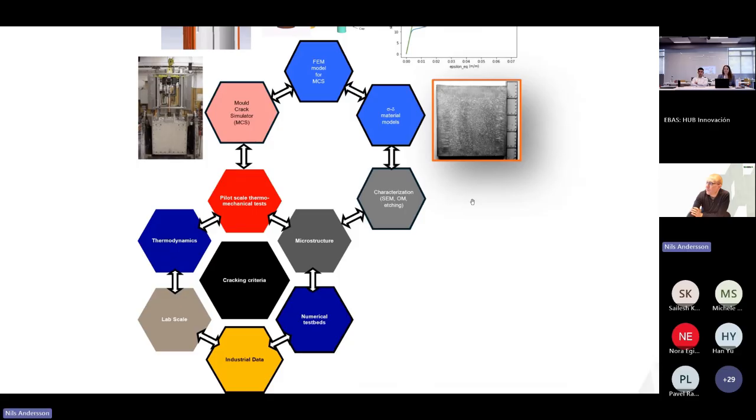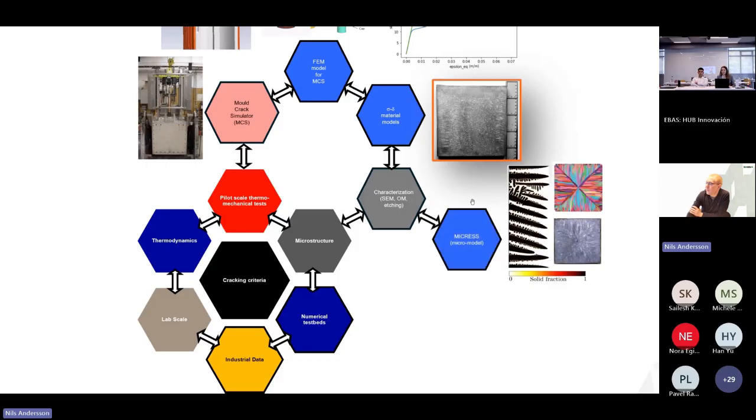And this we can connect and also get detailed input into a phase field model, where we get this lowest scale that Pavel mentioned, to see how the individual dendrites grow.